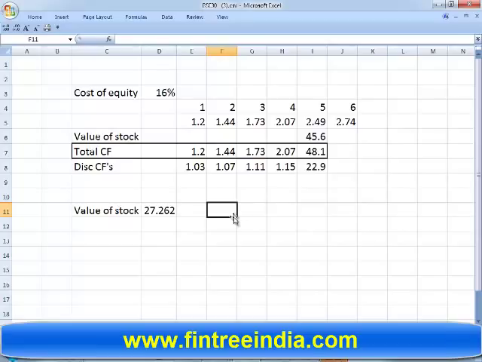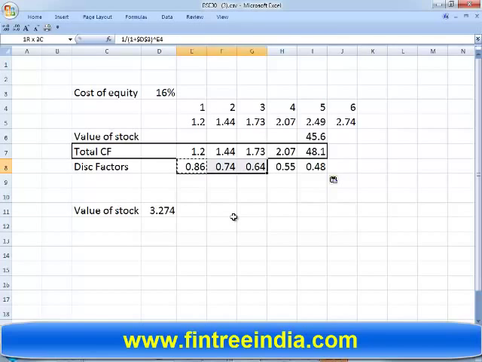Please ask. Are you not getting the answer? Should I write down the discount factor for you? Discount factors would be 1 divided by 1 plus 16% raised to 1.